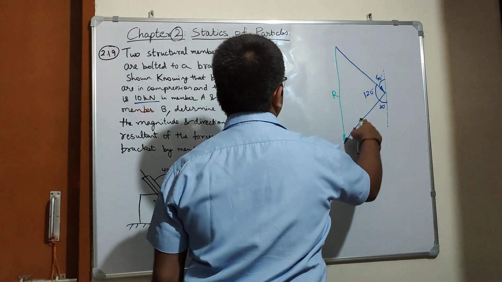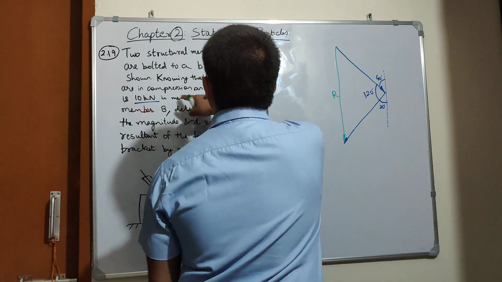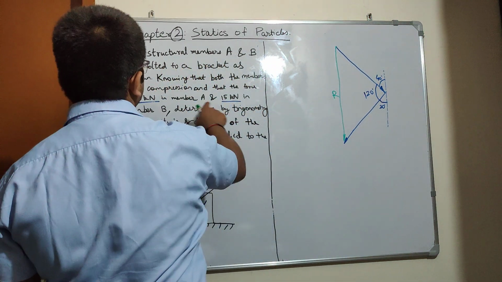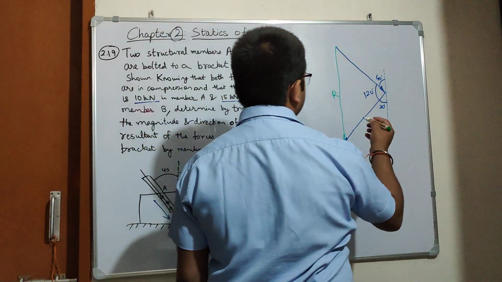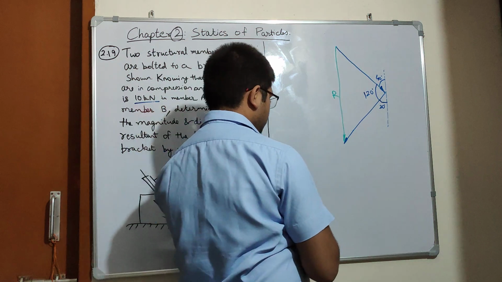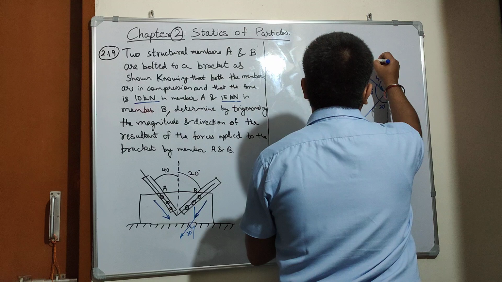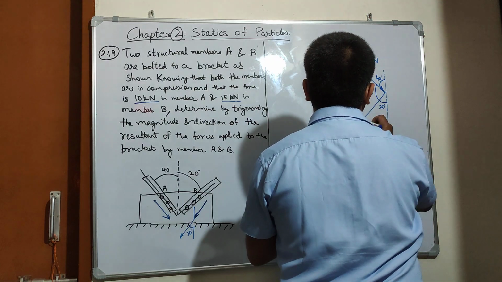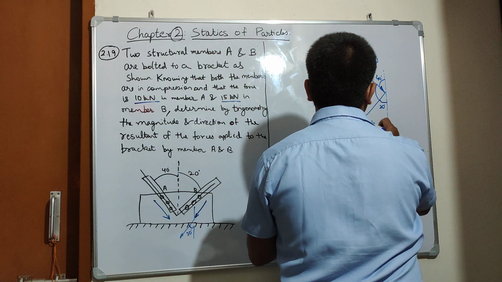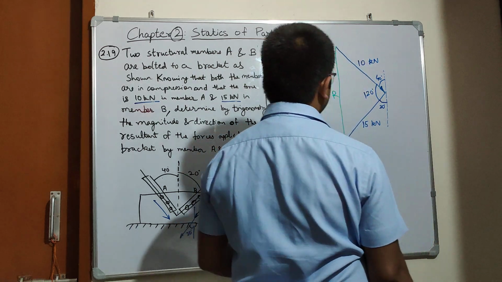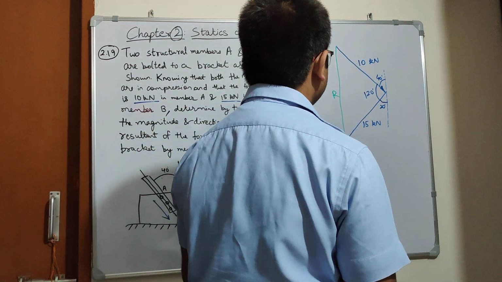This is A vector. This is B vector. A vector we are given 10 kilonewton. B vector we are given 15 kilonewton. So I can write A vector is equal to 10 kilonewton, B vector is 15 kilonewton. So that's it.